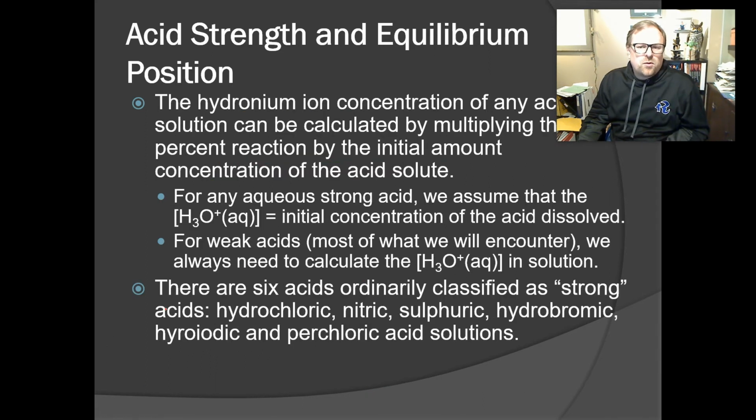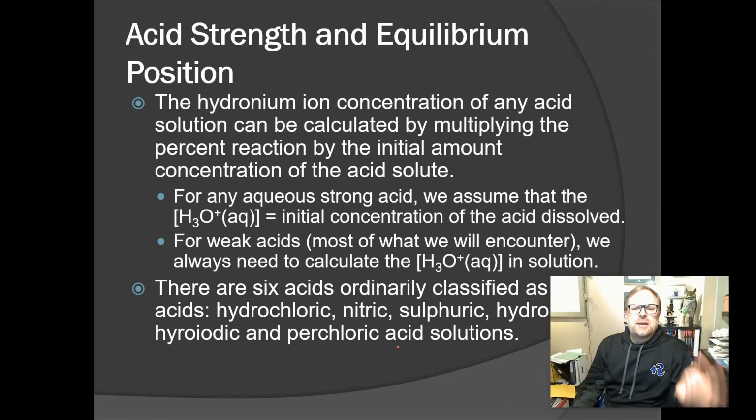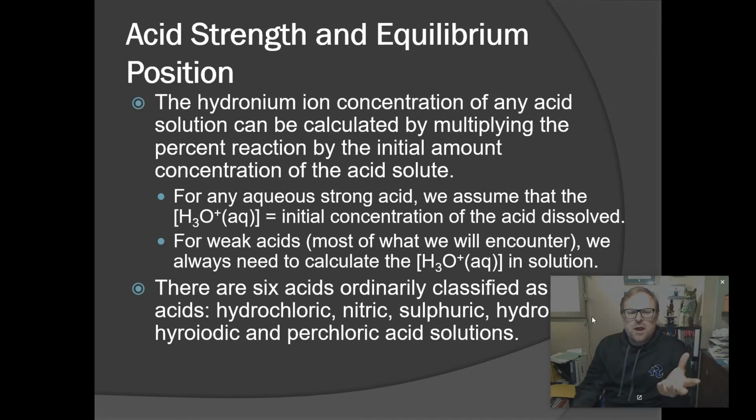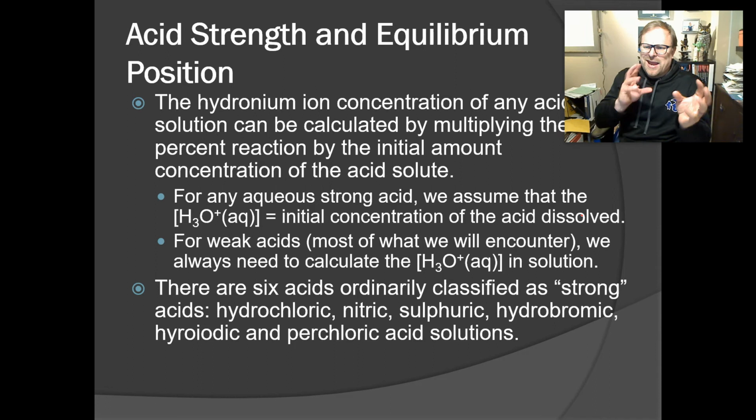So the hydronium ion concentration of any acid solution can be calculated by multiplying the percent reaction by the initial amount concentration of the acid solute. I'm going to show you an example in a second here. For any aqueous strong acid, we assume that the hydronium ion concentration is equal to the initial concentration of the acid dissolved. That's that 100% reaction, or 99.9% reaction.